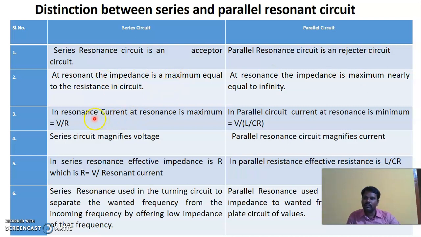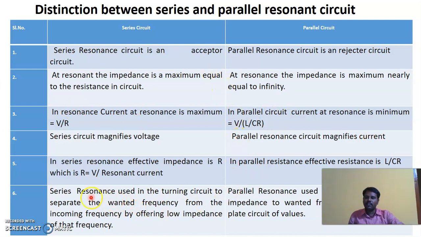The current at resonance in a series circuit is maximum, given by V over R. In a parallel circuit, current at resonance is minimum. Series circuits magnify voltage and are called voltage magnifiers, whereas parallel resonance circuits magnify current and are called current magnifier circuits.